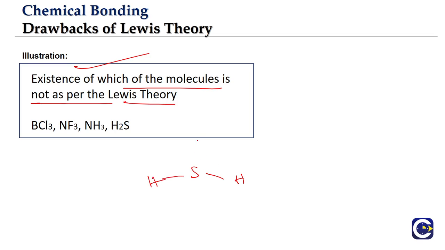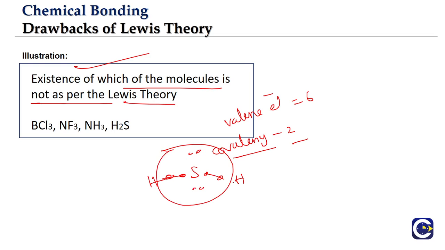Sulfur is in the oxygen group, so the number of valence electrons is 6 and the covalency is 2. Sulfur forms one bond with each hydrogen, and it will have 4 of its own electrons remaining. Sulfur will be able to achieve the octet. Hydrogen cannot achieve an octet, it will only achieve a duplet. So this is possible as per the Lewis theory.